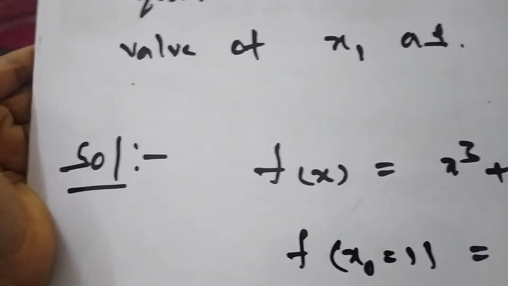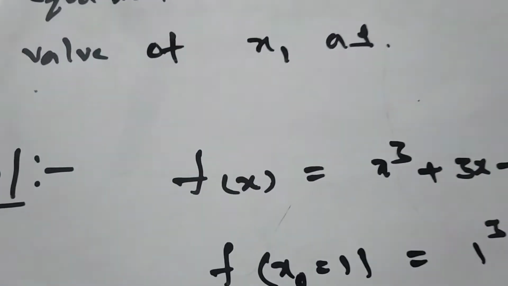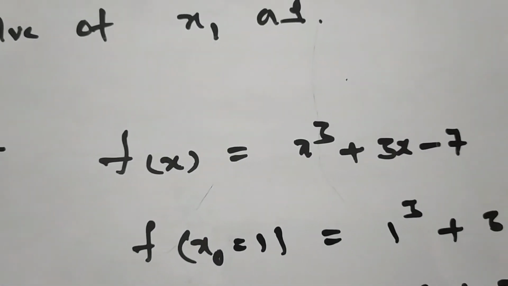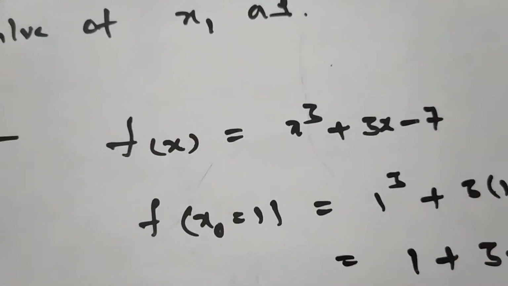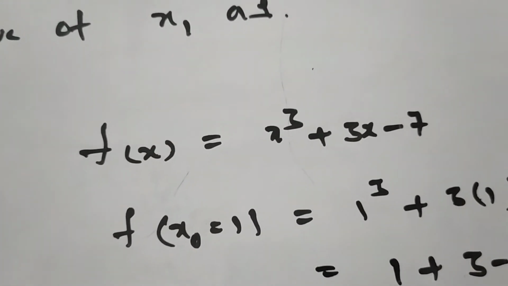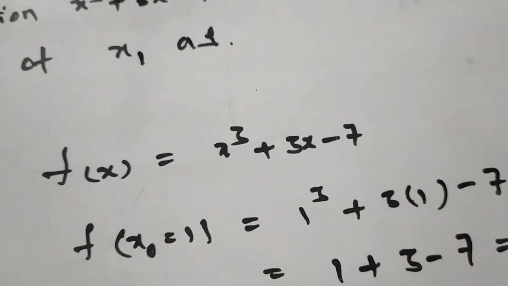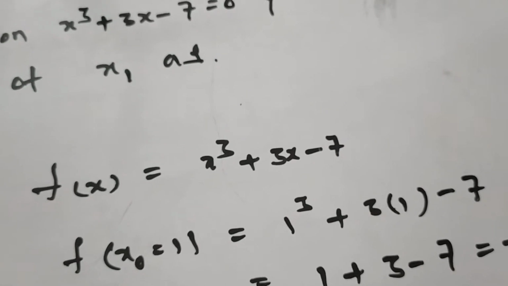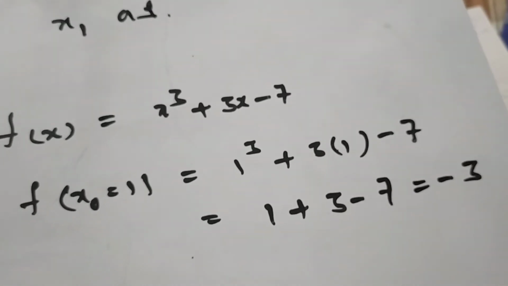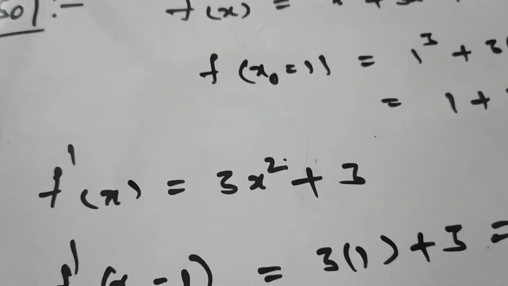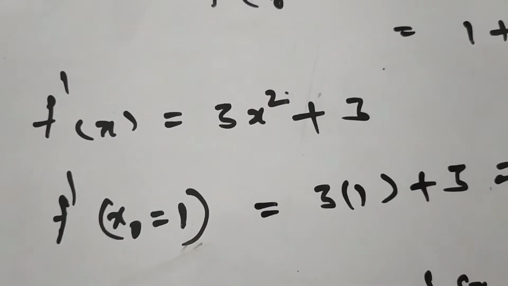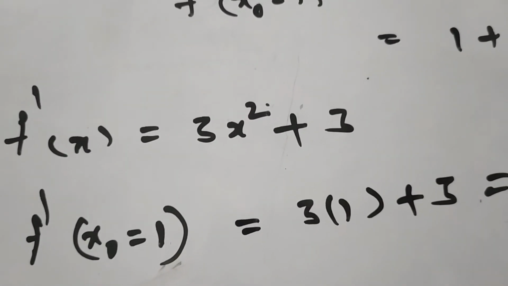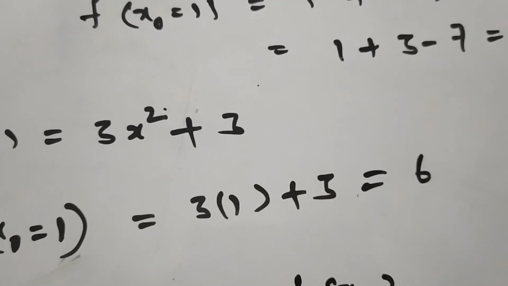Then solve. f of x equals the given equation x cubed plus 3x minus 7. Substitute x equal to 1: 1 cubed plus 3 minus 7 equals minus 3. Then f dash of x equals 3x squared plus 3. At x naught equal to 1, that equals 6.